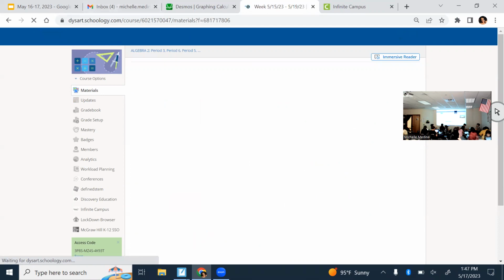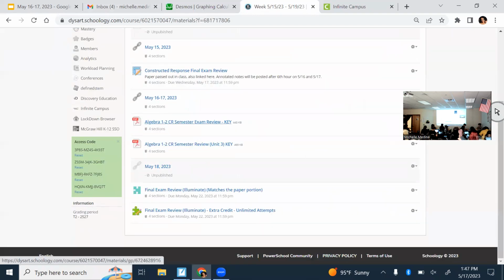Also in this week's folder, toward the bottom is your review for the other part of your final that you take on final exam day. So the blue one is an assignment. I will mark it missing if you don't do it, but I'll give you time to do it Friday in class. I'll also give you a packet that has the same questions, and you could do your scrap work on your paper.